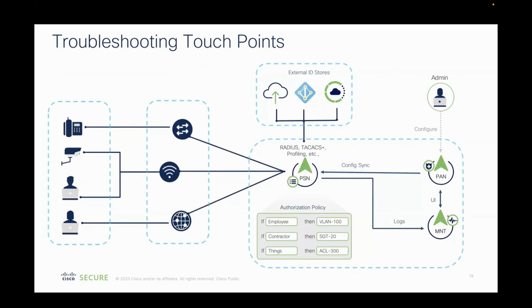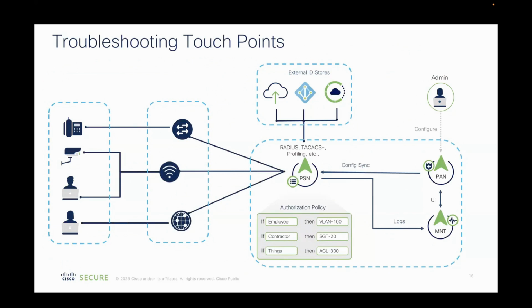As I said earlier, we need to touch base on each and every aspect that the endpoint is going through. The problem might be with the endpoints, the supplicants, or with your network devices, or with the external identity stores themselves, or with your ISE itself. We will have to look into each and every touch point in order to understand what the problem exactly is.